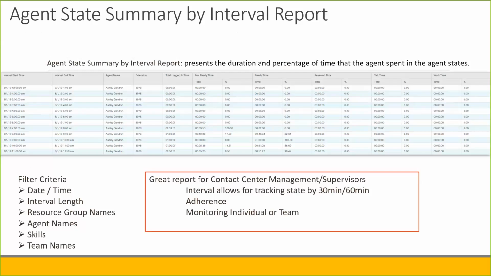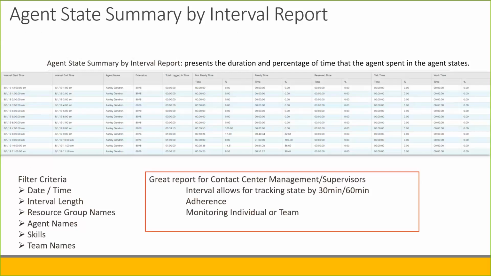So it's not as sophisticated a tool as I think like WFM or one of the really true workforce management tools, but it's a great way to look at what people are doing and what percentage of their time are they spending in each of these states. And it breaks it down, of course, not ready time, reserved, which is defined as the time between a phone call being presented to the agent and when they answer the call, right?